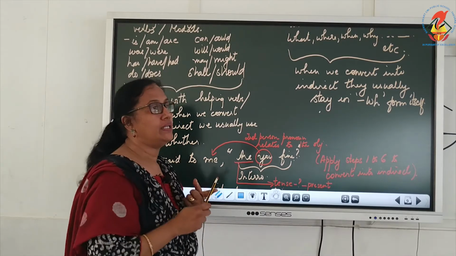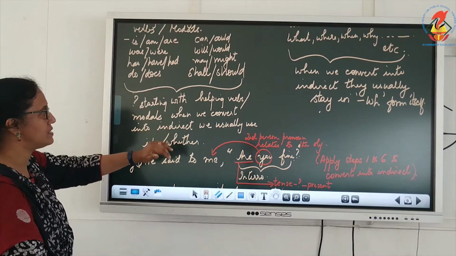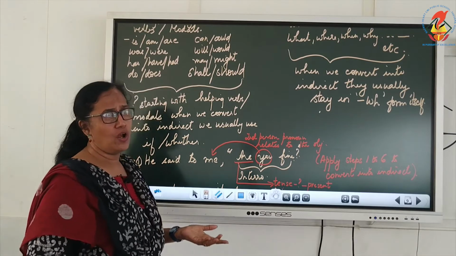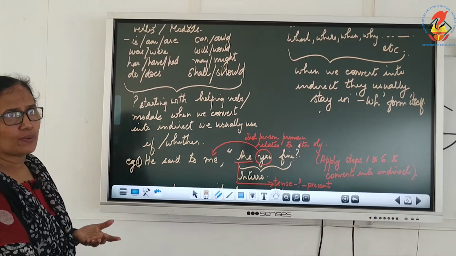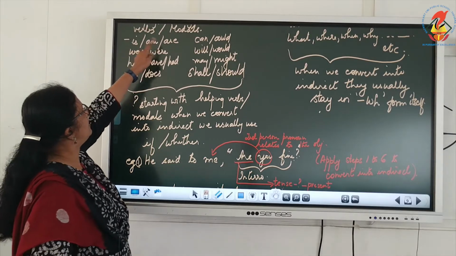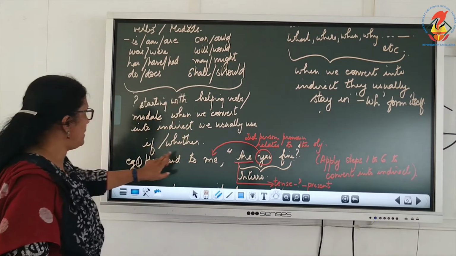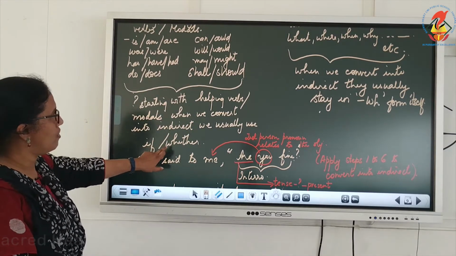Now, the third one that we are doing is changing of interrogative sentences. Again here, we can have the option of using that, but usually, if your questions begin with any of these be-form words or with the modals, then we can use the conjunction if or whether.